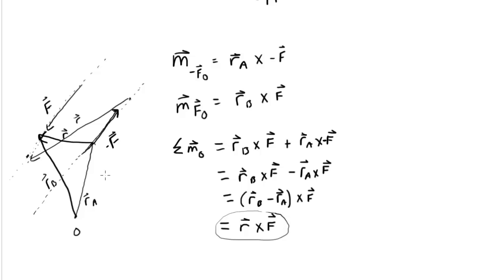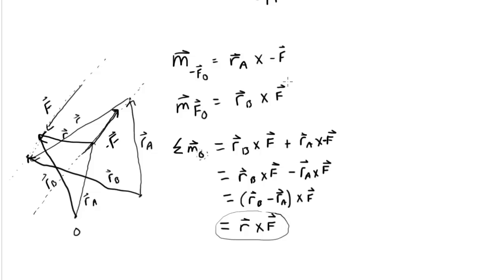Point number 2 is that I could have selected a different point for point O. So let's say I chose this as point O, and I said, hey, this is RA, and this right here is RB. And I had done exactly what I had done before, I would get exactly the same equation. What that means is that this little subscript O is not necessary.